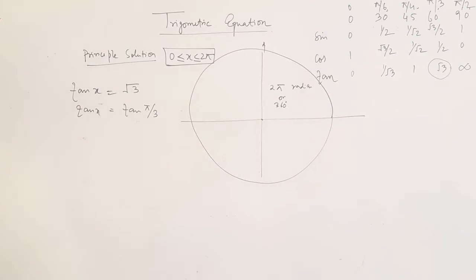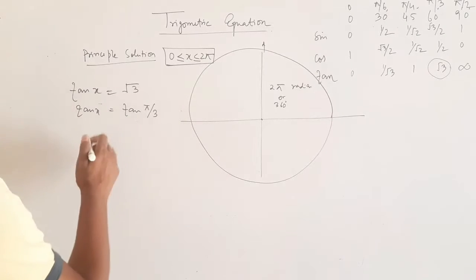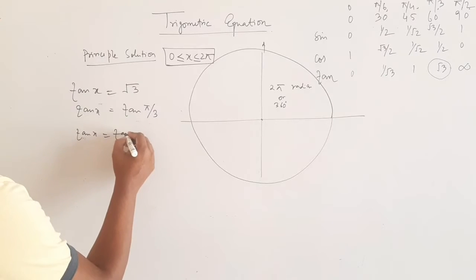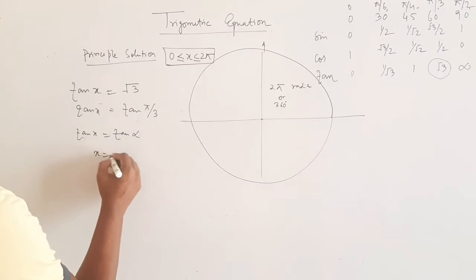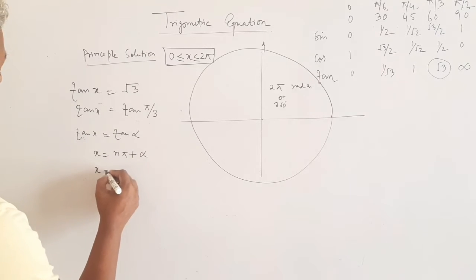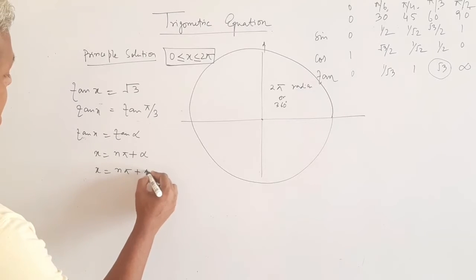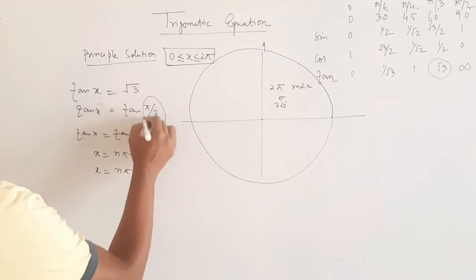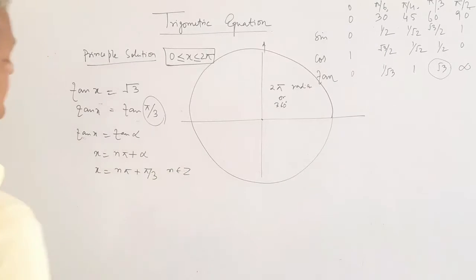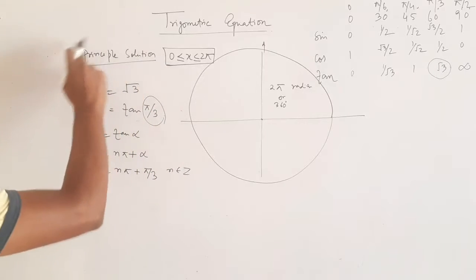If you do not understand that, you can watch my previous videos. It goes like: if tan x equal to tan alpha, then x is n pi plus alpha. So x equal to n pi plus pi by 3, because this is our alpha, and n is an integer.